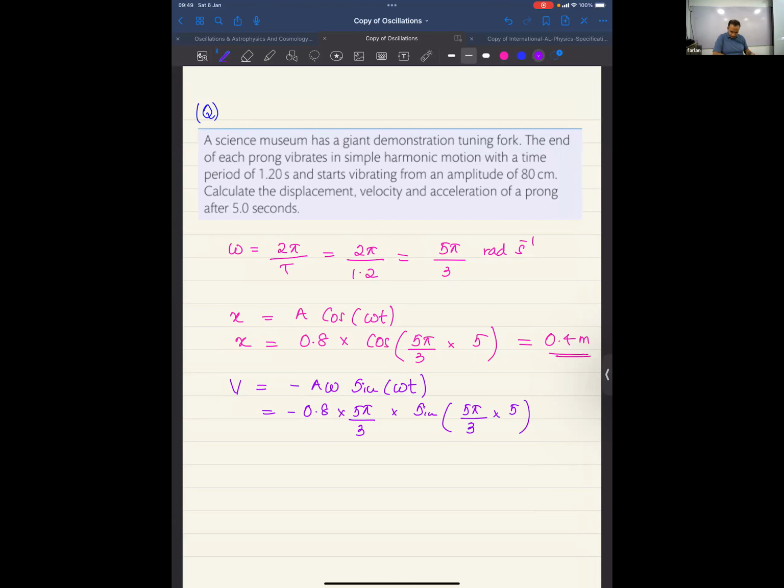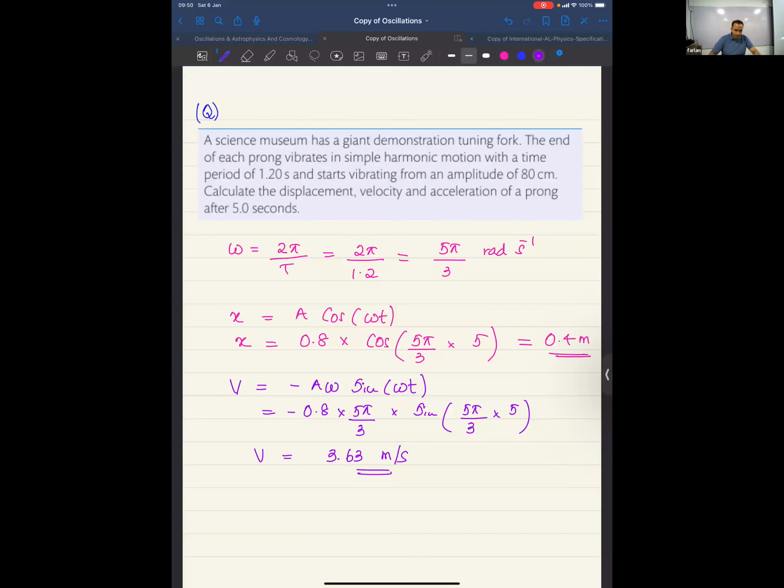That will be again 3.63, meters per second. Or if you have got it in centimeters per second, it will be 36.3 centimeters per second.